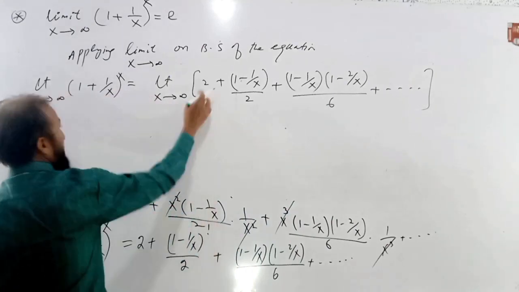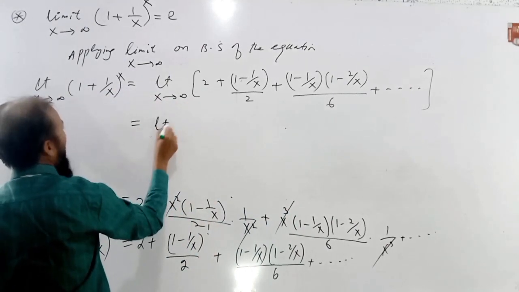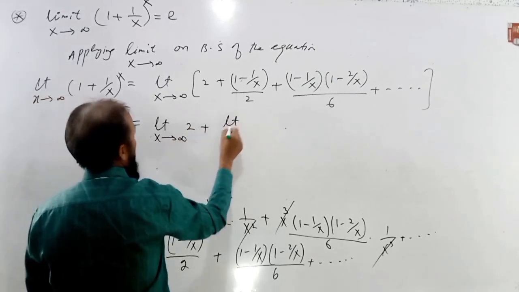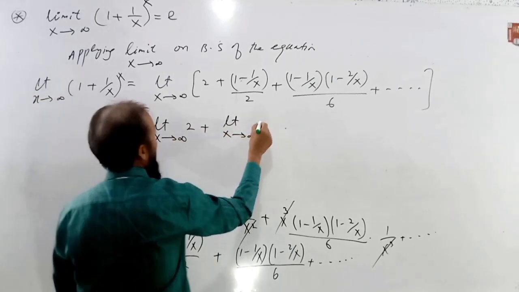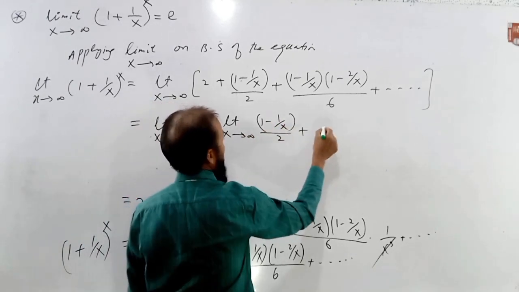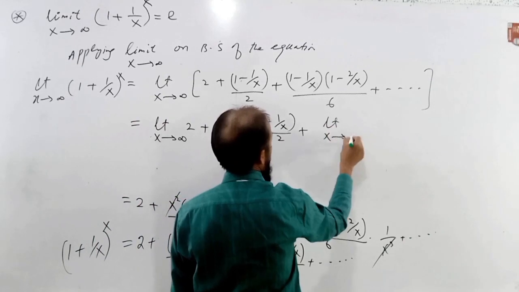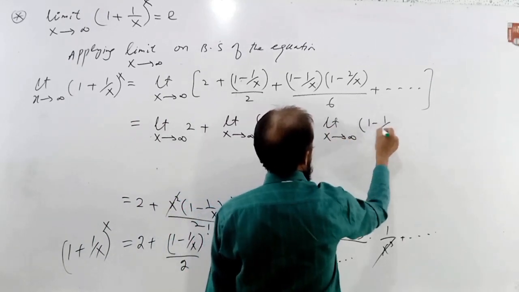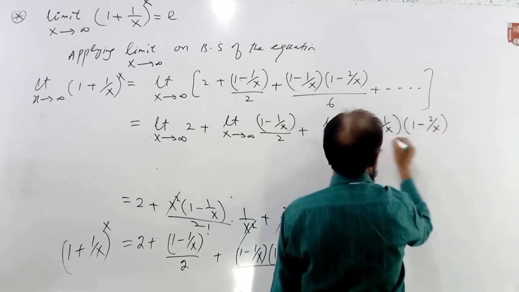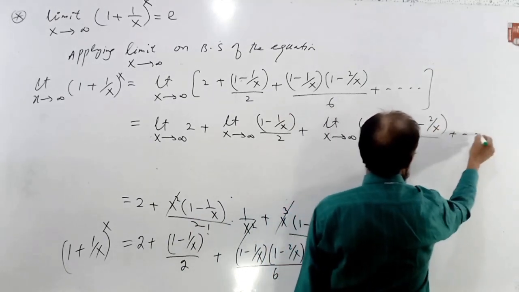Now look here, constants are available, so we apply limit extends to infinity 2 plus limit extends to infinity 1 minus 1 by x divided by 2 plus limit extends to infinity 1 minus 1 by x, 1 minus 2 by x divided by 6 plus up to so on.